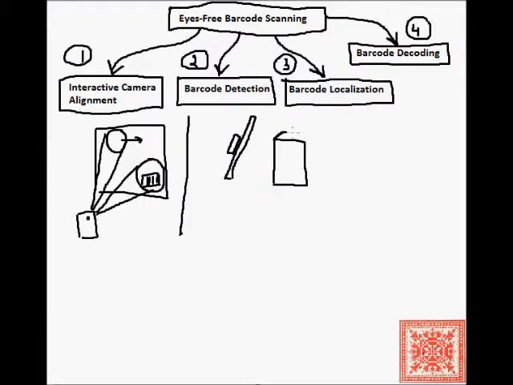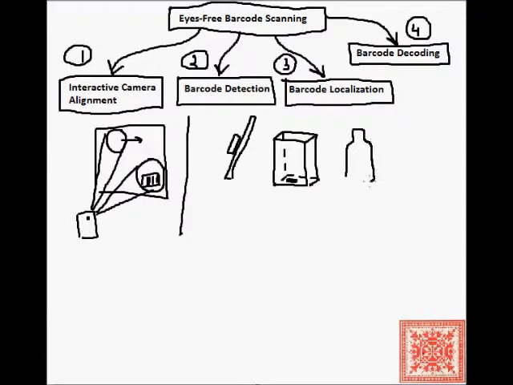If the product is a box, then UPC barcodes, at least in the US, are usually located on the bottom side of boxes, so the user can align one edge of the phone with the corresponding edge of the box.